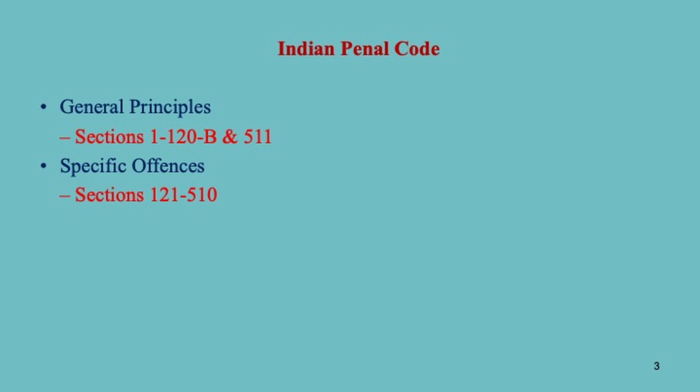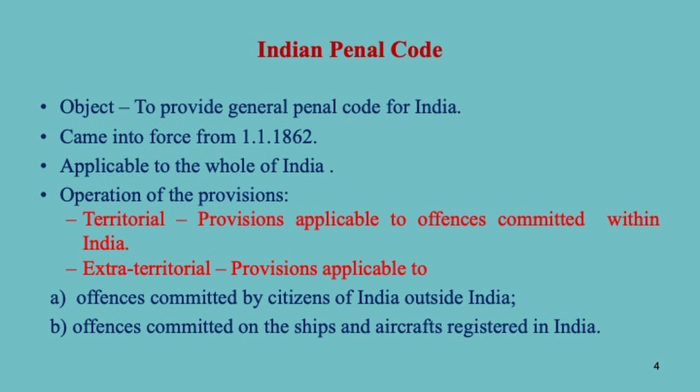The general principles are contained under sections 1 to 120B and 511, arranged in 7 chapters, chapters 1 to 5A and chapter 23, and the specific offences are contained under sections 121 to 510, arranged in 16 chapters from chapter 6 to chapter 22. The first chapter is an introductory chapter from sections 1 to 5, containing the title and extent of operation of the provisions of the code.